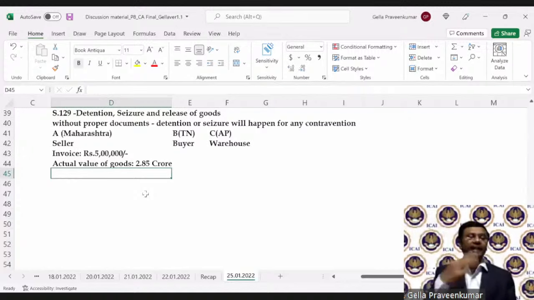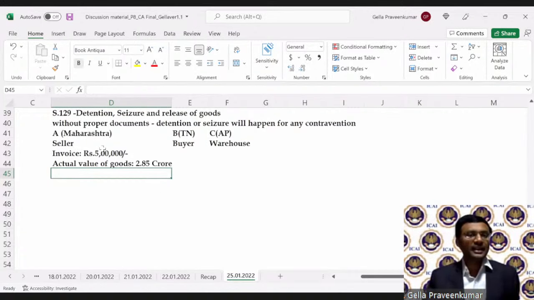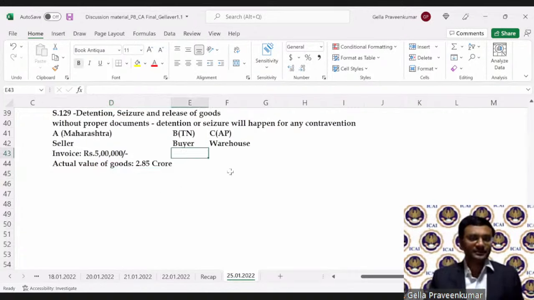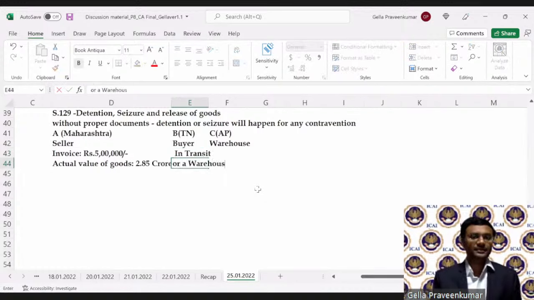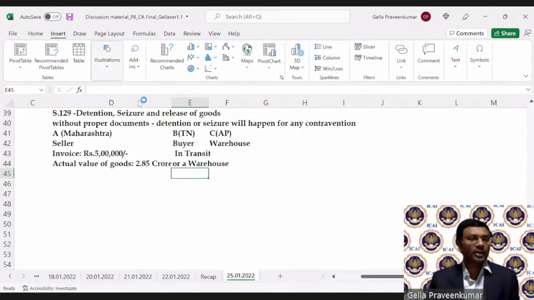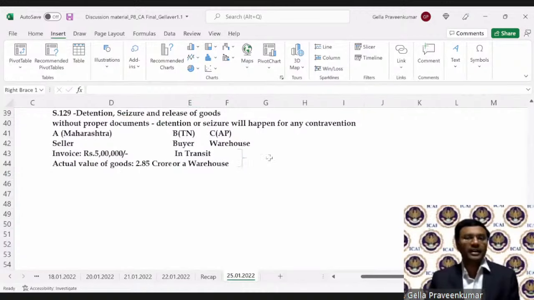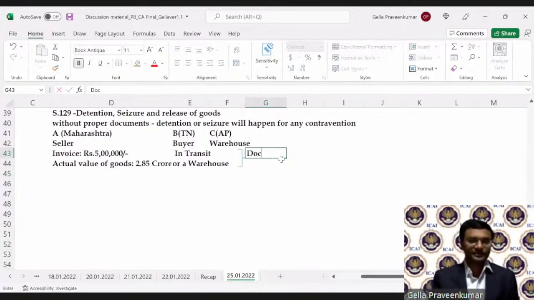This is called value which has been short disclosed. Now here, when the goods are in transit or in a warehouse, at either of these locations, the proper officer concerned can do the verification of the documents along with the goods.